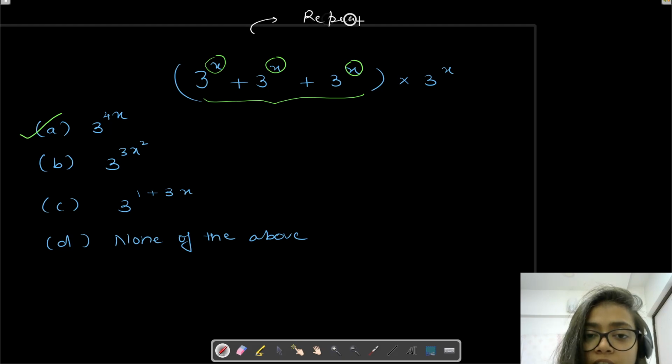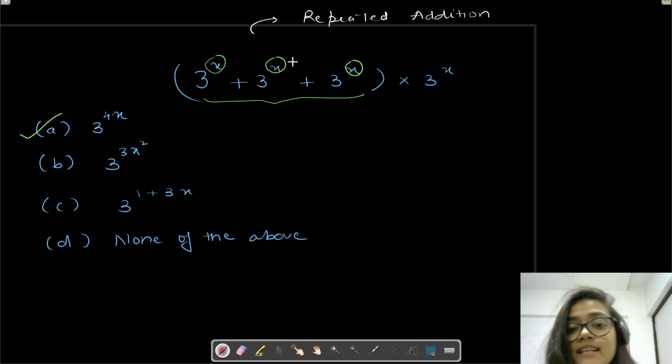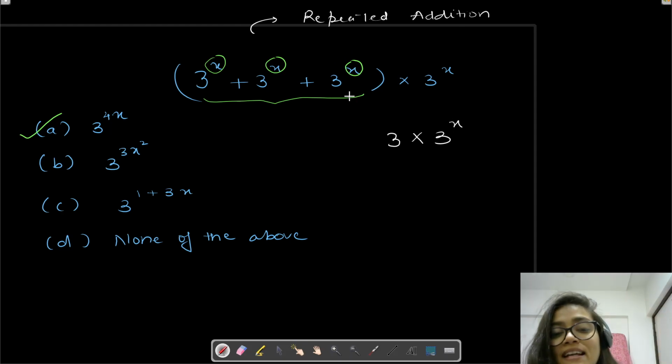The thing is getting added multiple times. So this gets multiplied by 3 because it is getting added 3 times. This is nothing but 3 times 3 raised to x, because 3 raised to x is getting added to itself 3 times.